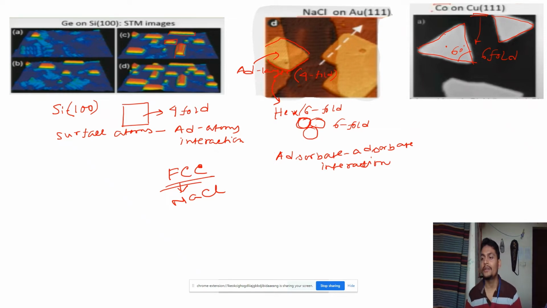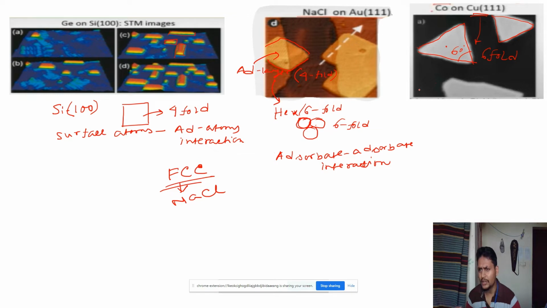So this is guided by the surface-adsorbate interaction. Whenever the surface symmetry is implemented in the adatom layer symmetry, then the surface and adatom interaction is predominant. But if it is not, then it is mainly the adsorbate interaction.